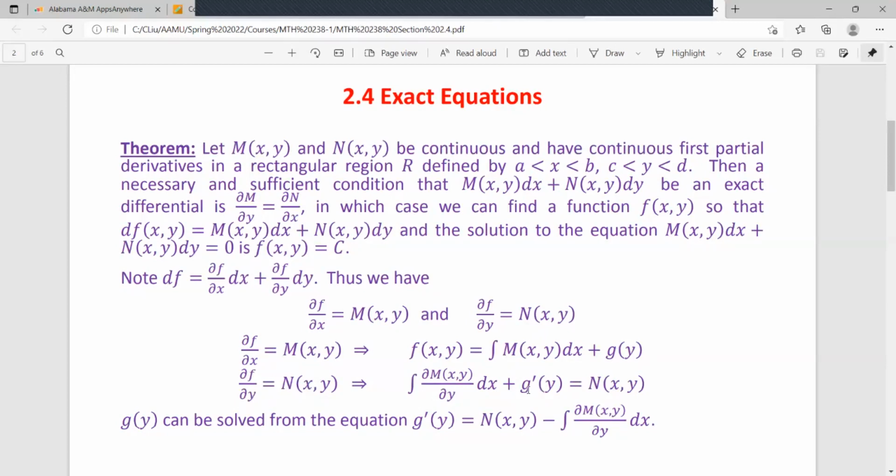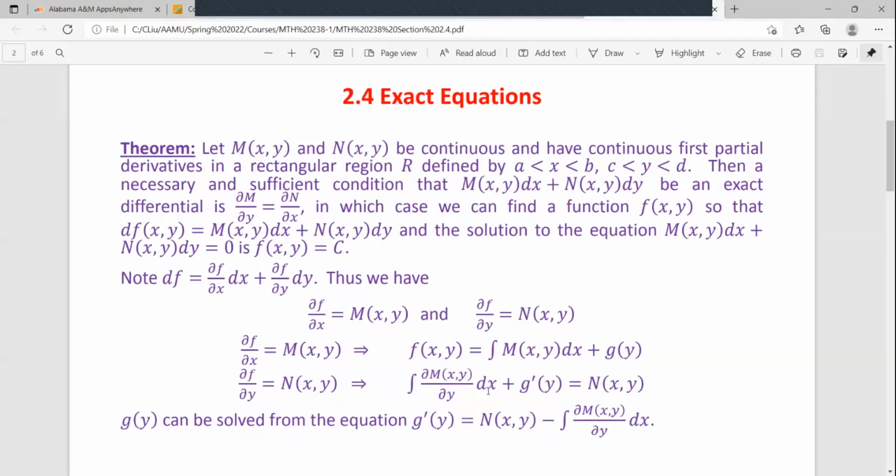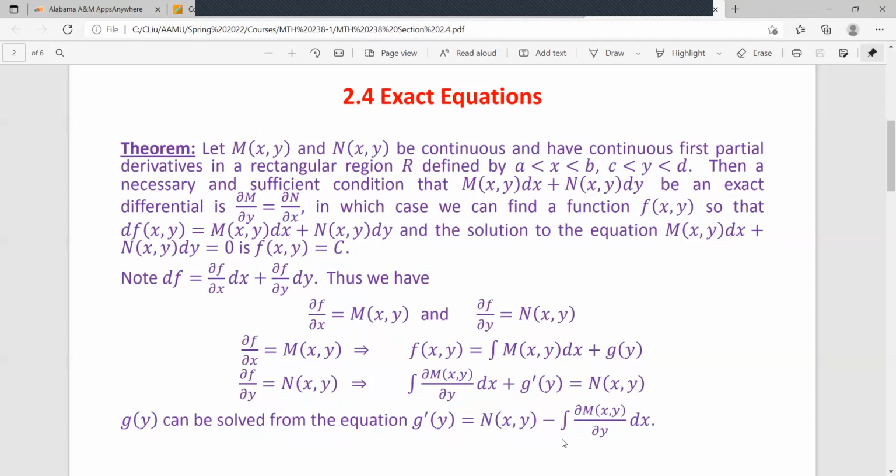So then you can figure out this g from this equation. If you move the integral on the left to the right-hand side, it becomes minus, so g prime equals n minus the integral of partial m partial y dx. And then you just integrate the right-hand side to get g of y.